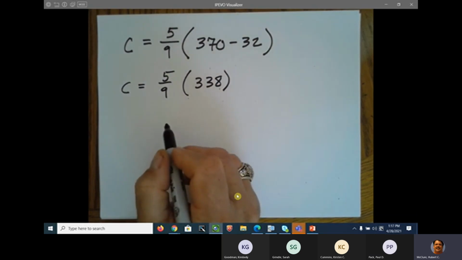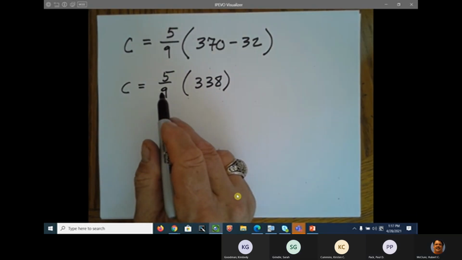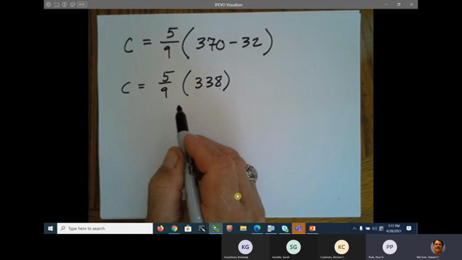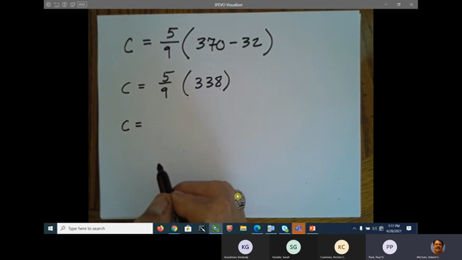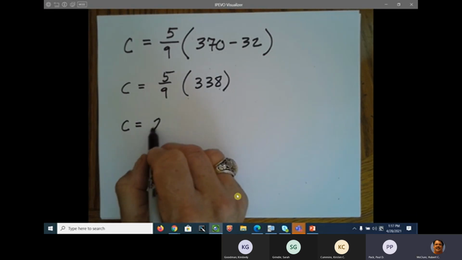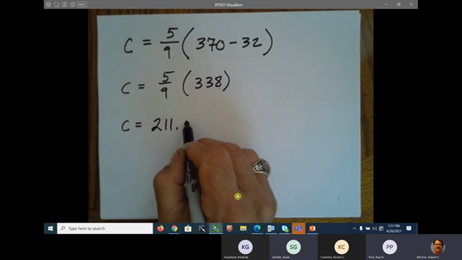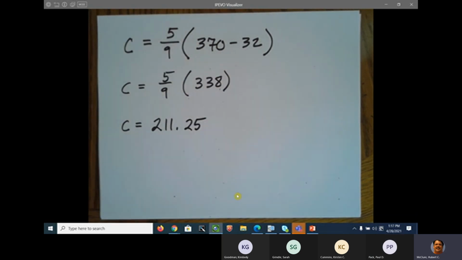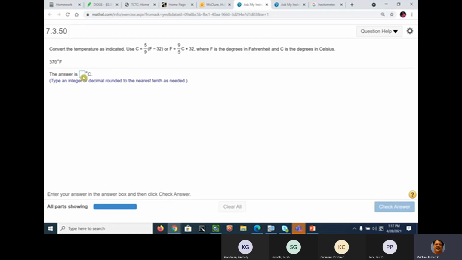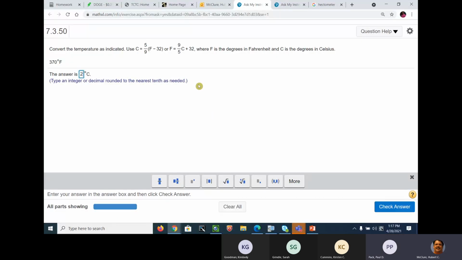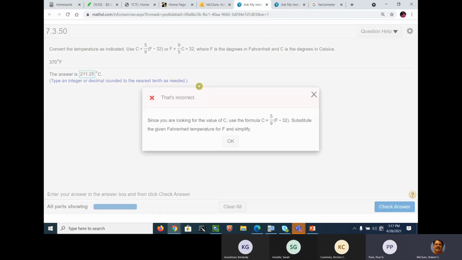Then multiply that by parentheses 5 divided by 9, close parentheses. 211.25. Good job. So let's go to the handy dandy and type it in. 211.25. And I do put these on the test because they are standardized test questions. So I will put several of these on the test.